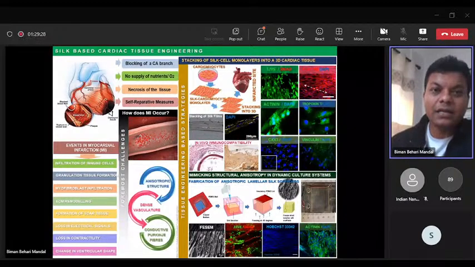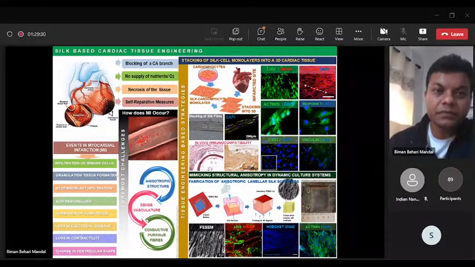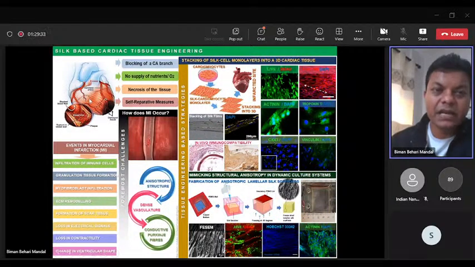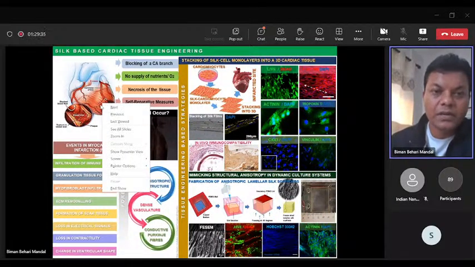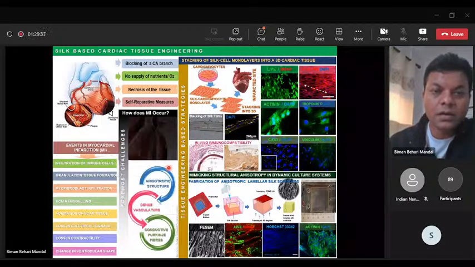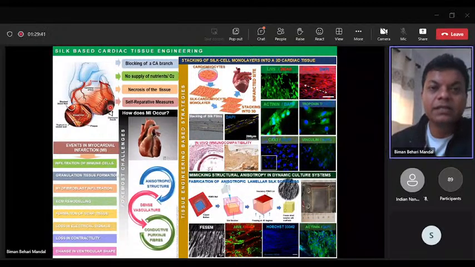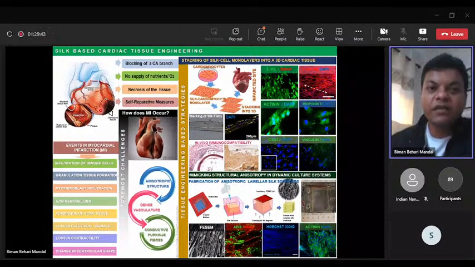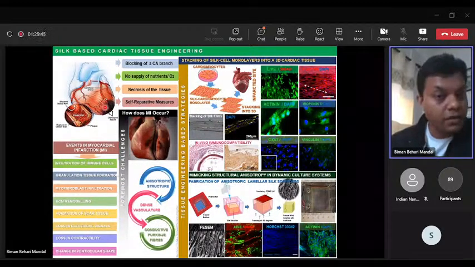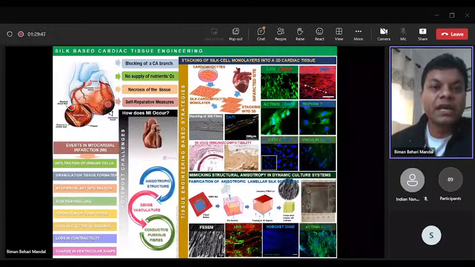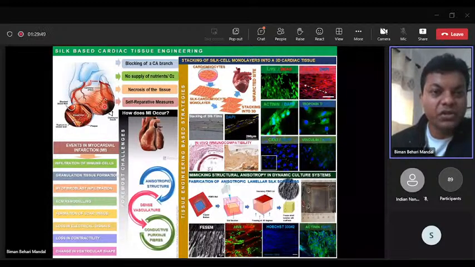Now, it is because of certain reasons. If this is the diagram of the heart, let me use the pointer. So if this is the region of the heart, because of lack of oxygen in this region, there is damage to the tissue, and this tissue is made out of cardiomyocytes.